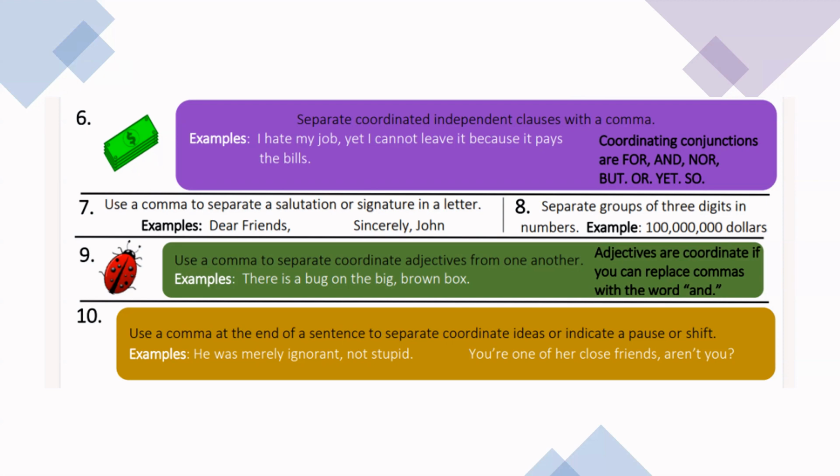There is a bug on the big and brown box. And you're thinking, no, that doesn't sound, I mean, yes, I can say and, but I'll just change and to comma. There's a bug on the big brown box.